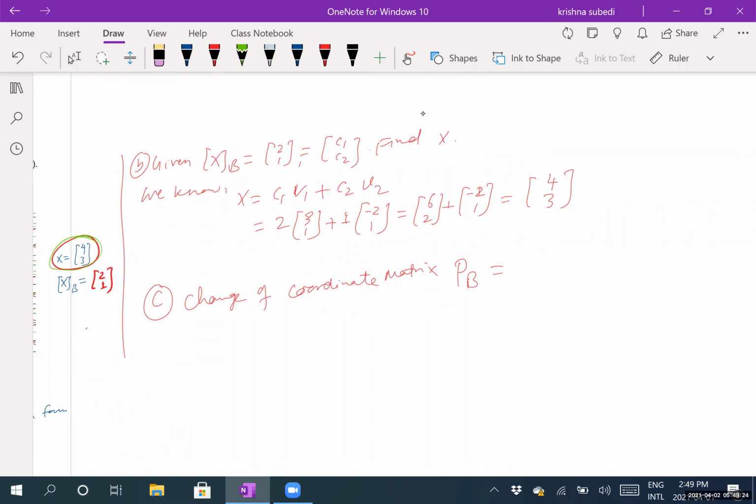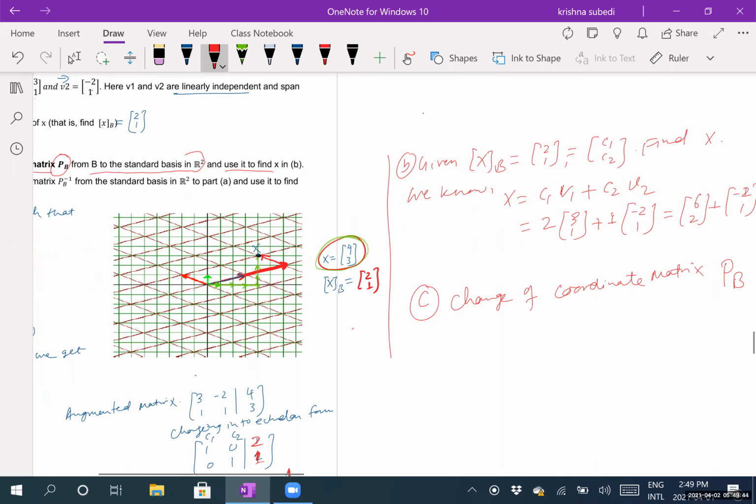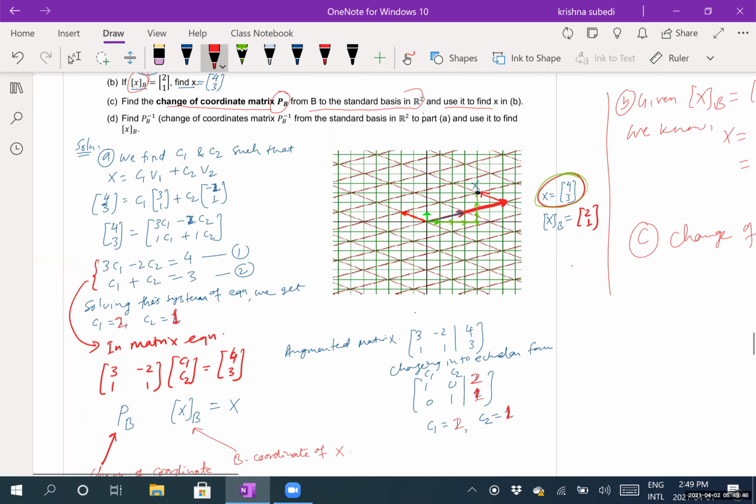PB equals, we already found it, it is always V1 and V2. Whatever the basis is given, that's what it is. So that means V1 is 3 and 1, V2 is negative 2 and 1. This is the same thing that we got earlier. This is the change of coordinate matrix.